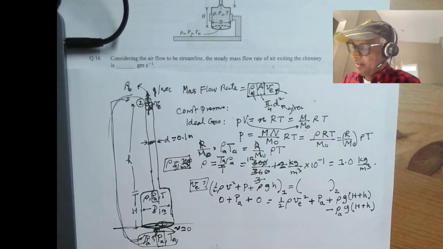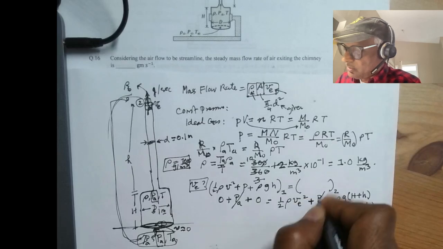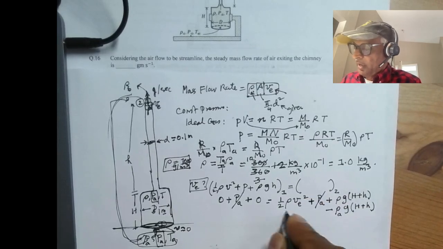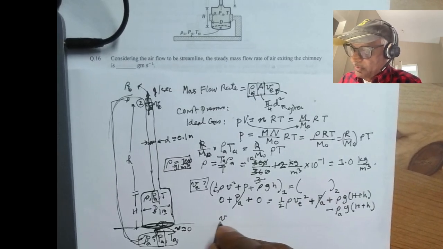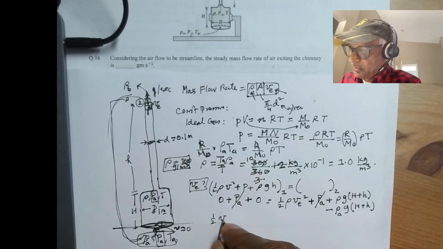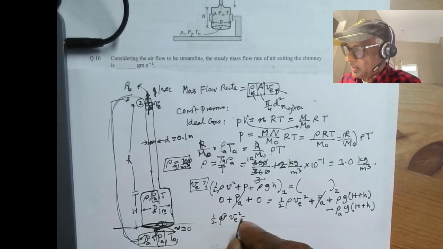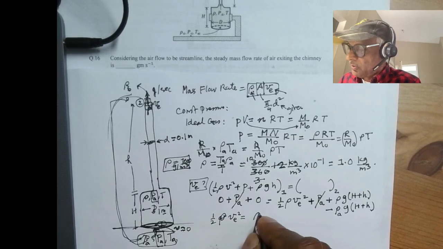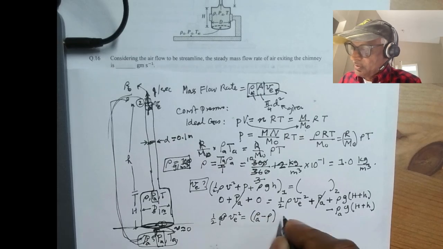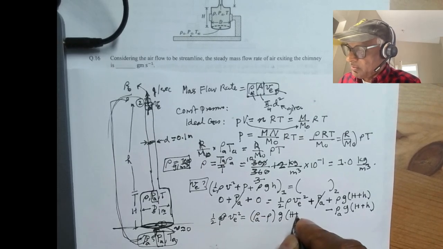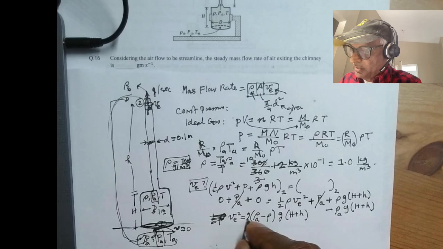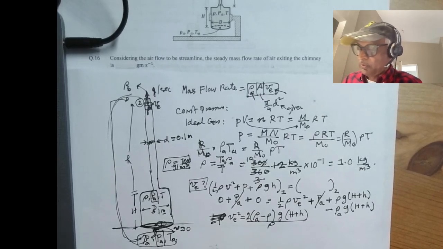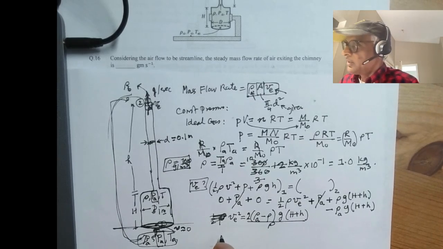So if I look at it, this gets dropped, and half rho V_E squared equals (rho_A minus rho) times g(h plus H). Multiply by 2 and divide by rho.